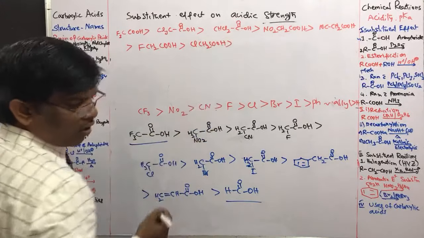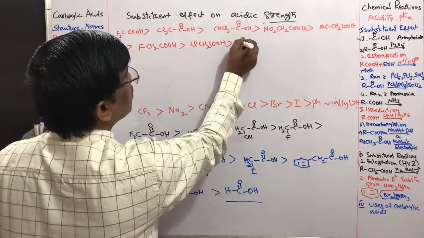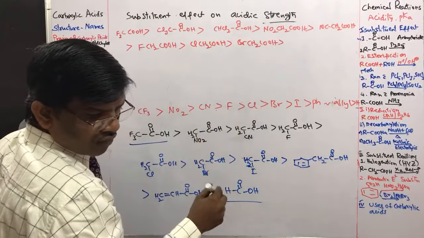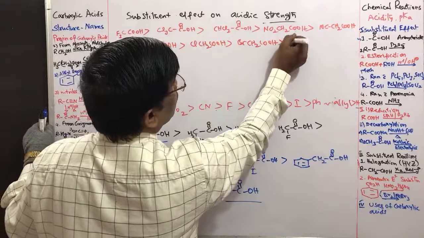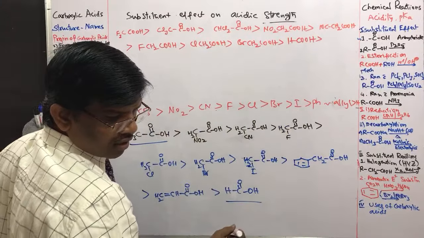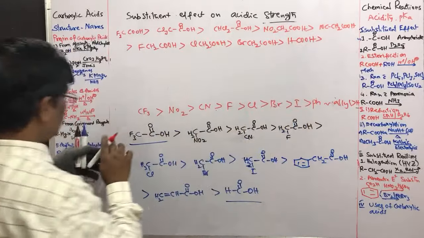These are very, very important, friends, to understand. Bromoacetic acid, followed by formic acid, followed by, now it comes, students.